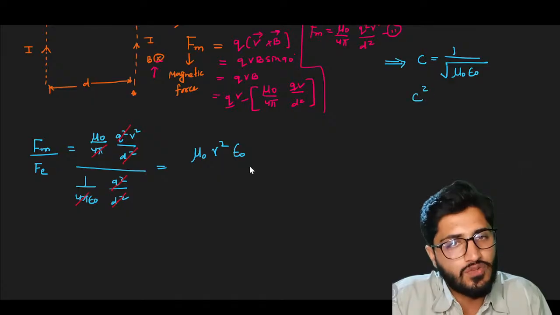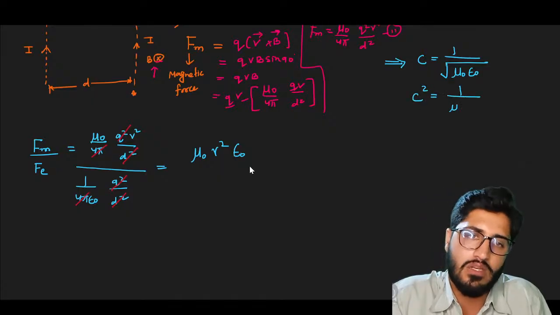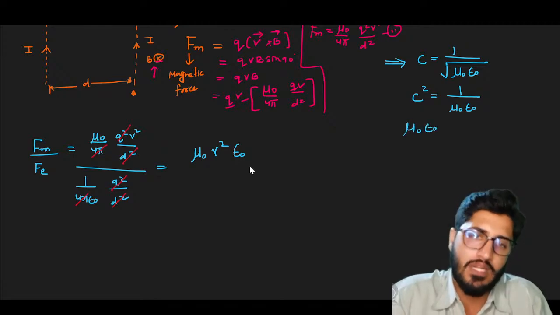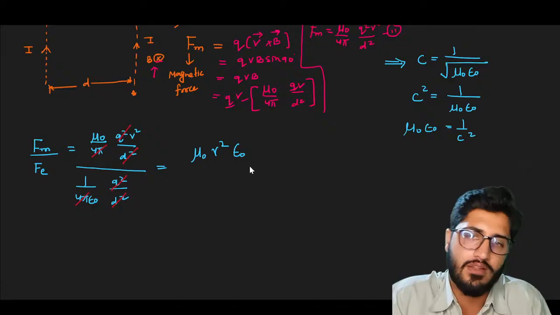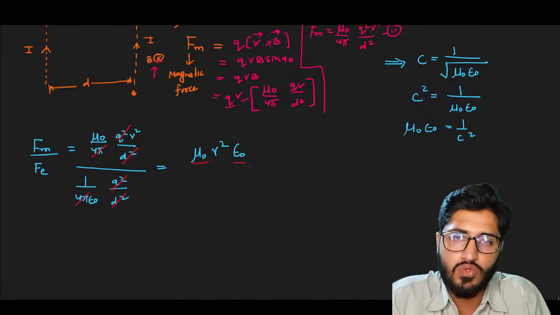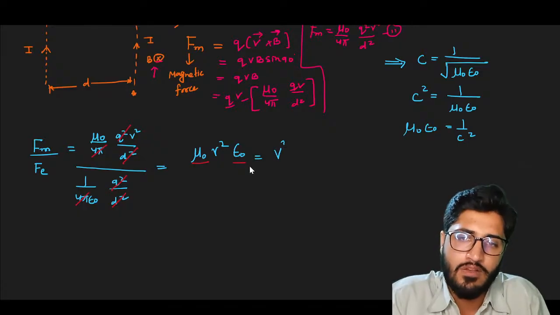I can write c² equals 1 divided by μ0 ε0, so μ0 ε0 equals 1 divided by c². So in place of these two things I can use 1 by c², so I can write v² by c², or equals (v/c) whole squared.